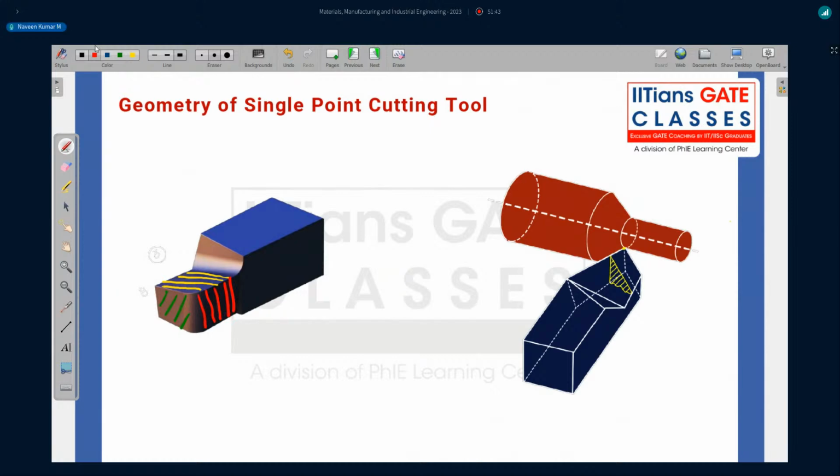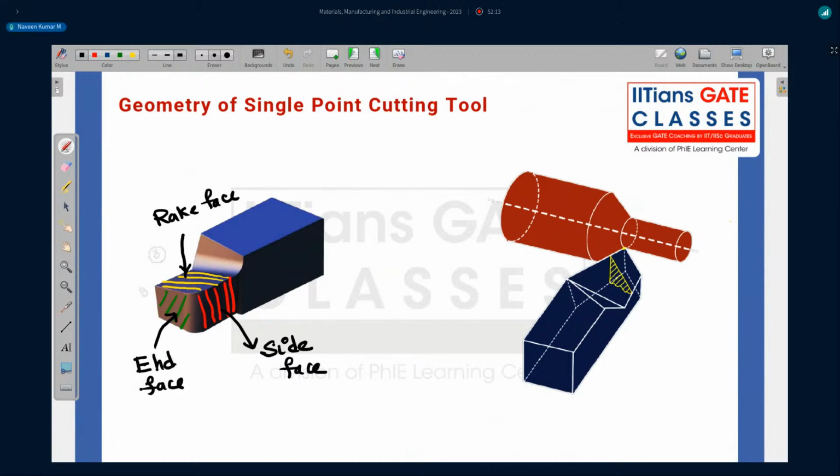Okay, so let's write them. This is your rake face. Don't worry about what the rake face is, we'll discuss them again, but just see the nomenclature here. Then this is the side face, and this is the end face, or end flank also.